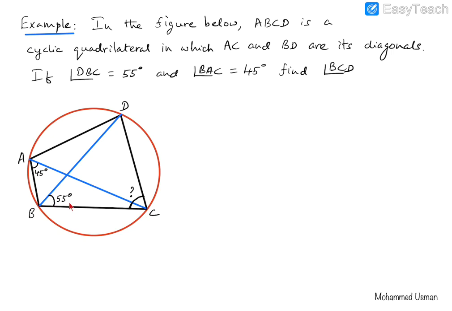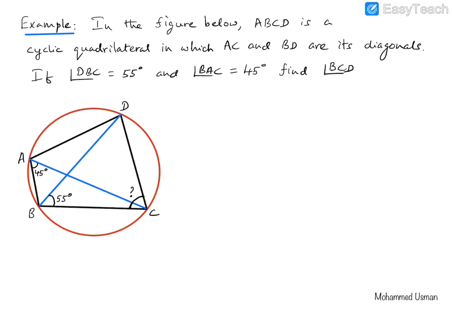And we are given angle DBC, which is this angle over here, to be equal to 55 degrees. And the angle BAC, which is this angle here, to be equal to 45 degrees. And we are asked to find what is angle BCD, which is the angle marked over here with the question mark. That is what we have to find.